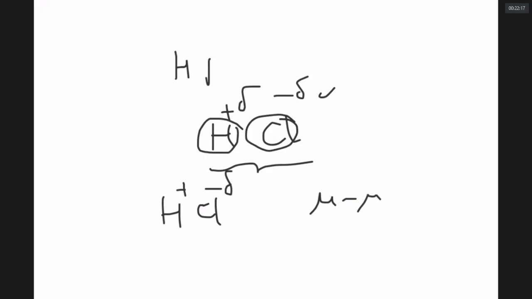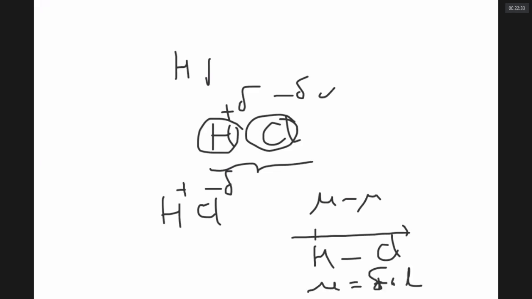The other fellow will get a little positive charge. The flow of electrons is shown by a vector like this. This dipole is measured in terms of dipole moment, which is the product of the amount of charge separated, delta, into bond length. The dipole moment has units like charge units into length units, Coulomb meters.